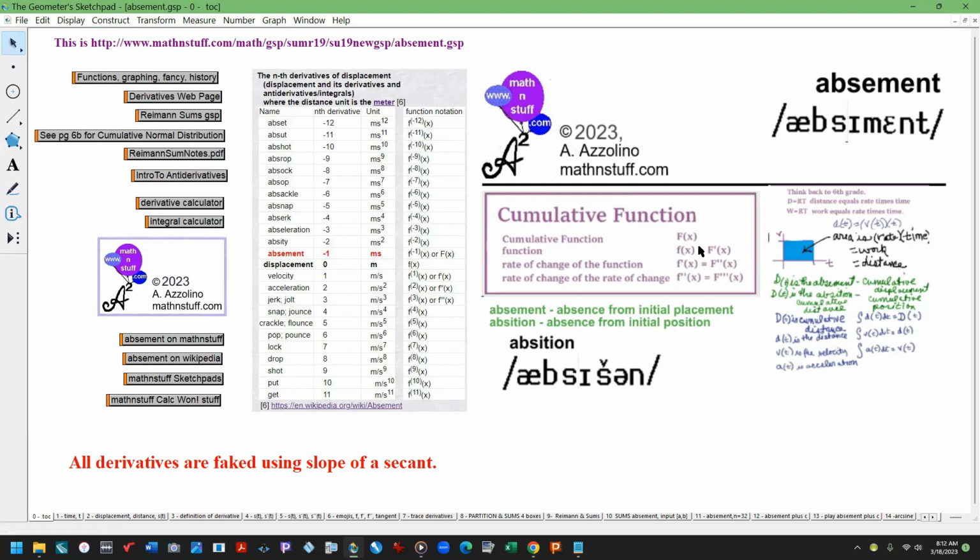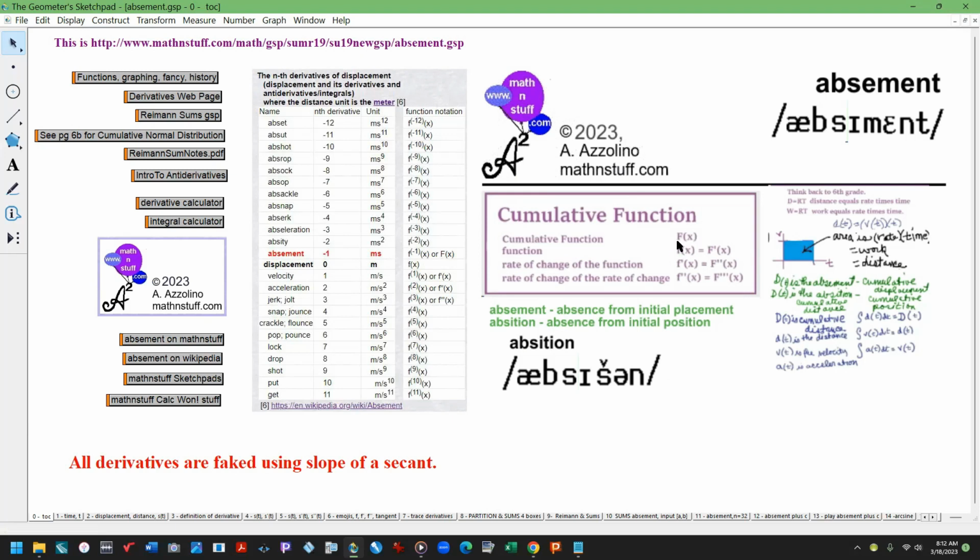Normally, functions are f of x. Their derivatives are f prime of x. And the rates of change are the second derivative, f double prime. But it is also true that the second derivative is the derivative of the first derivative, which is the derivative of the function, and the function is a derivative of a cumulative function.